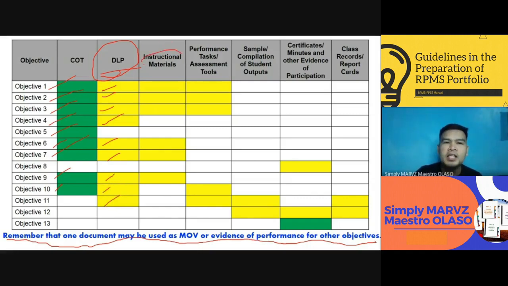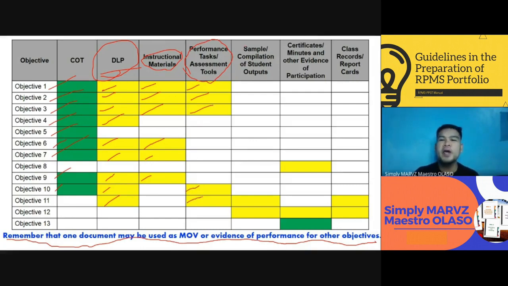Kung ikaw naman ay nag-attach ng instructional materials, example yung PowerPoint mo, ay kung ano-ano pang mga instructional materials na ilagay mo, i-refer mo lang na yun ay pwede nang ibigay o ilagay sa objective 1, 2, 3, 6, 7, 9. O, kung ikaw naman ay nag-attach ng performance task or assessment tools, i-refer mo lang, ino-note mo lang na yun ay para sa objective 1, 2, 3, 10, and 11.